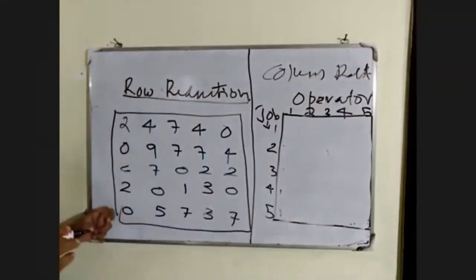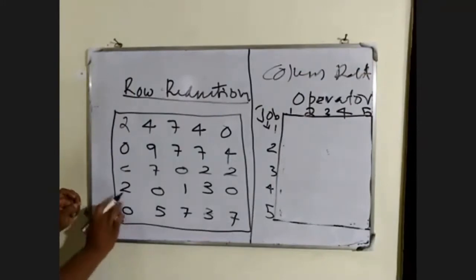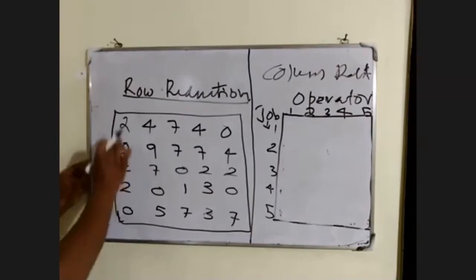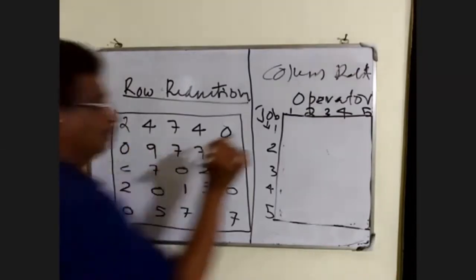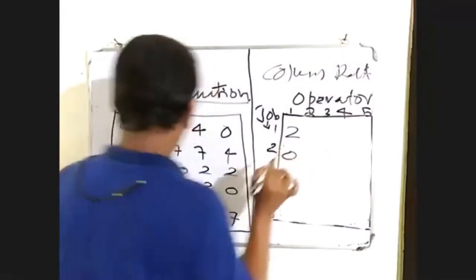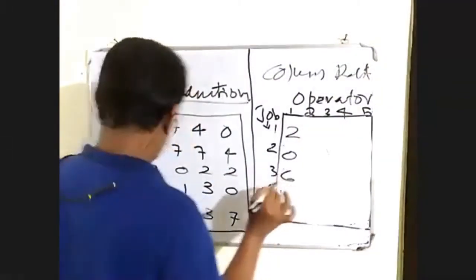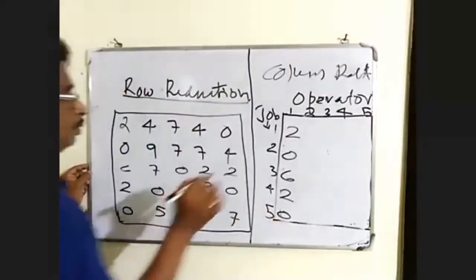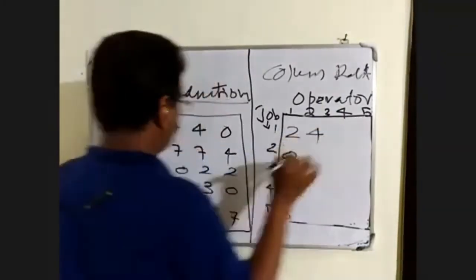First column, what's the minimum value? 0. So 2 minus 0 is 2, 0 minus 0 is 0, then 6, 2 and 0. Second column, what's the minimum value? 0.